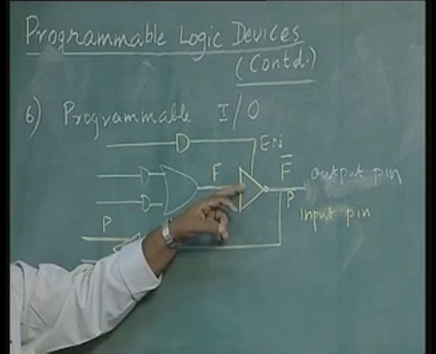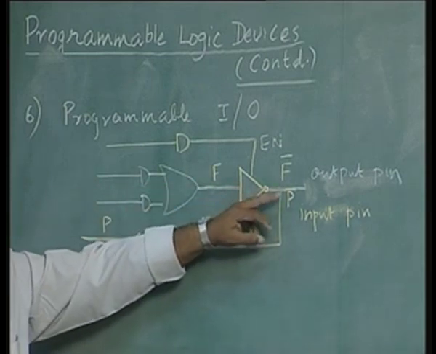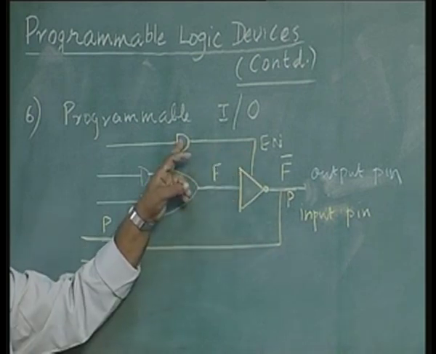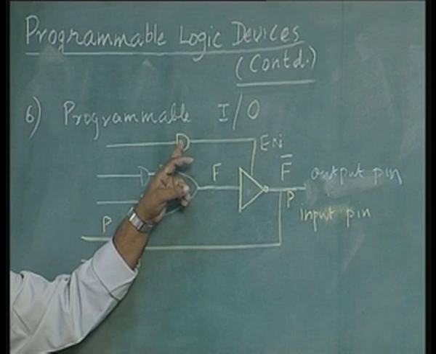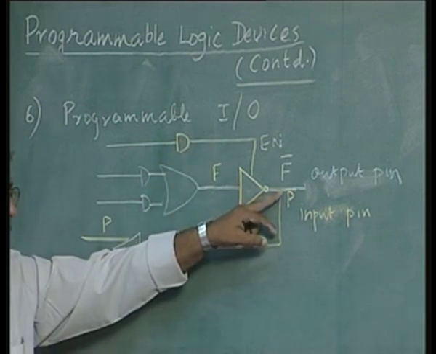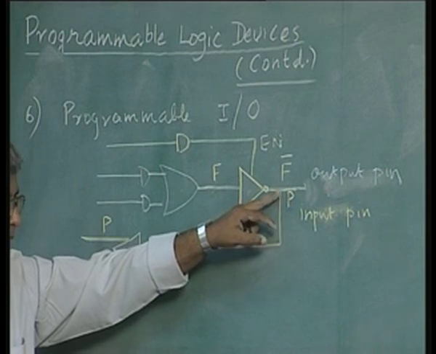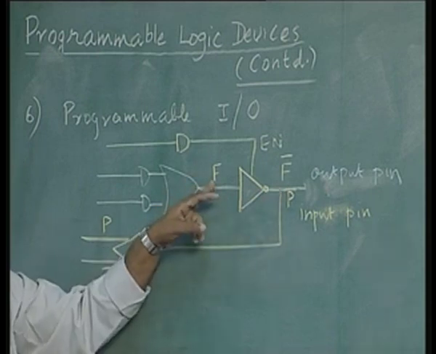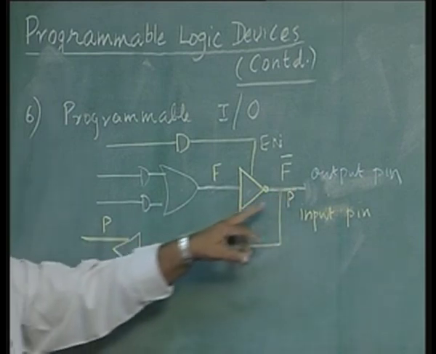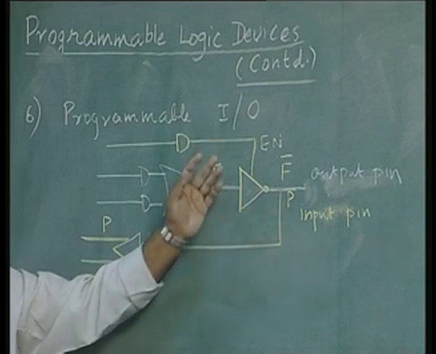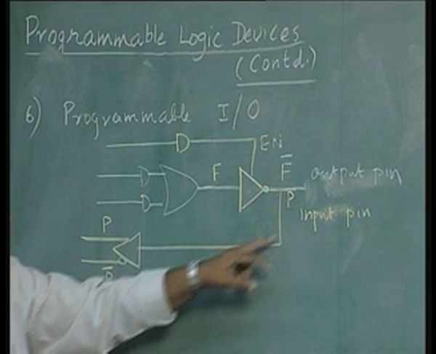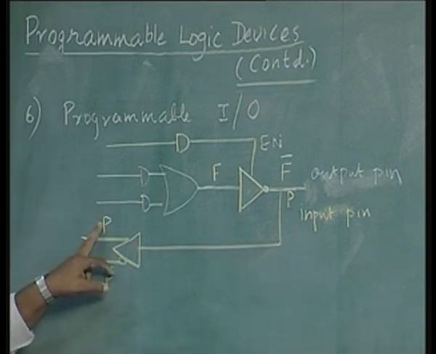And in case you do not need it, there is a redundant number of outputs and we do not need this output, I can disable this buffer by the proper combination of the AND gate and take the output of this. This output is completely isolated from the rest of the logic. So, this pin is available to be used as an input pin, and any other input variable which you could not accommodate earlier in your system could be put here. In this case I call it p, and p becomes an extra, additional input to the system.